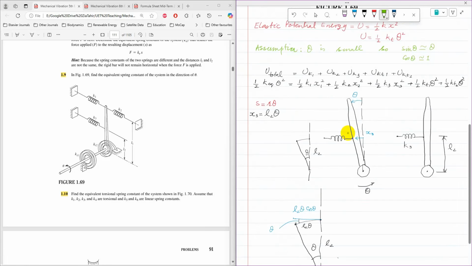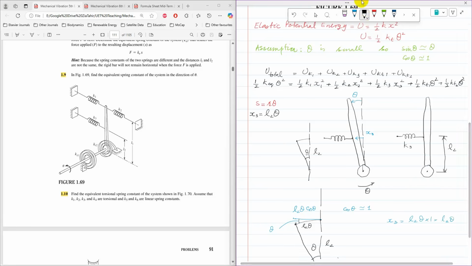Based on the assumption that for a small angle sine theta is nearly equal to theta, and with the approximation that cos theta is nearly equal to 1, x3 will become L2 theta into 1. So that is basically L2 theta.